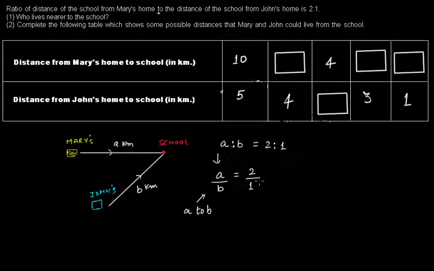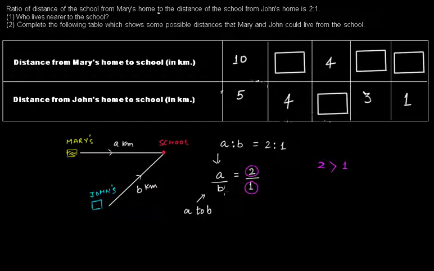Now, if this is the ratio, clearly this number, that is 2, is greater than 1. So, looking at this number, we can clearly say that whatever the distance, a is always greater than b. Why?